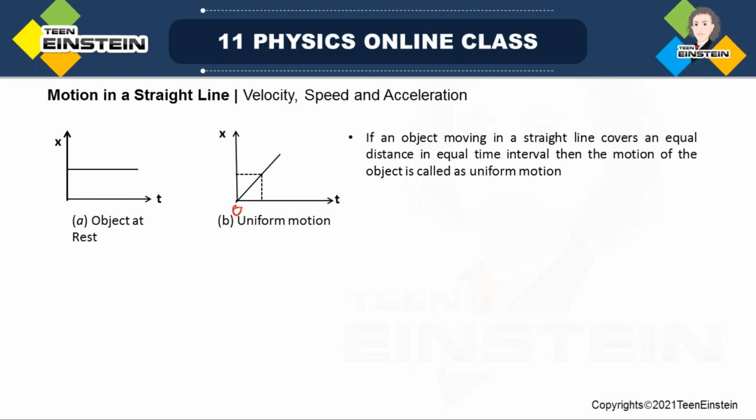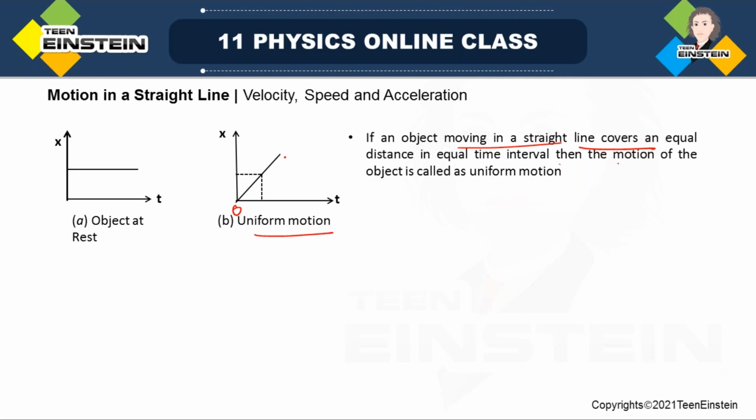This straight line which is passing through the origin signifies that the object is moving in a straight line, and it is covering equal distance in equal time interval. And that's why this motion is called uniform motion.